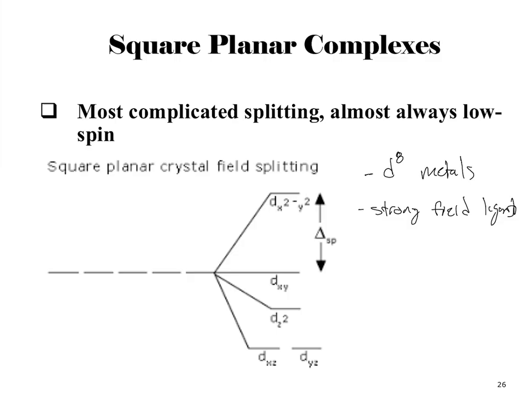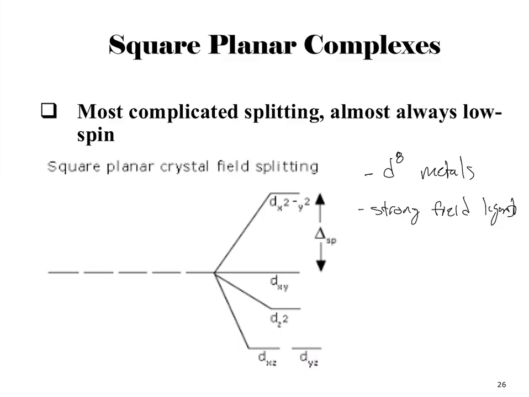Those are usually going to be your square planar complexes. Which is why this is represented as the gap, because you fill in 8 electrons before you represent that gap right there, right? 1, 2, 3, 4, 5, 6, 7, 8, and then we go above the gap, which with strong field, we never fill in these first, right?